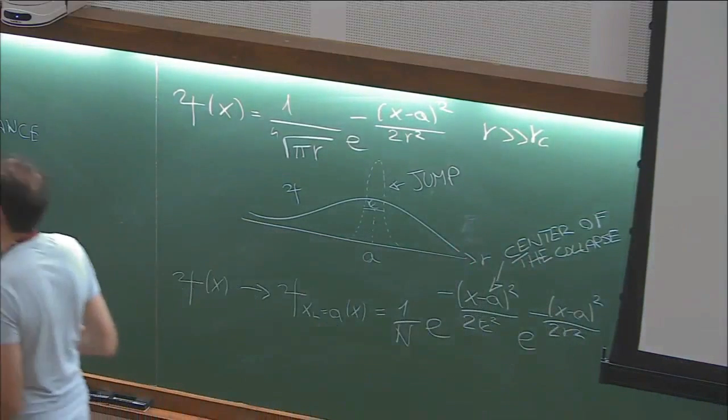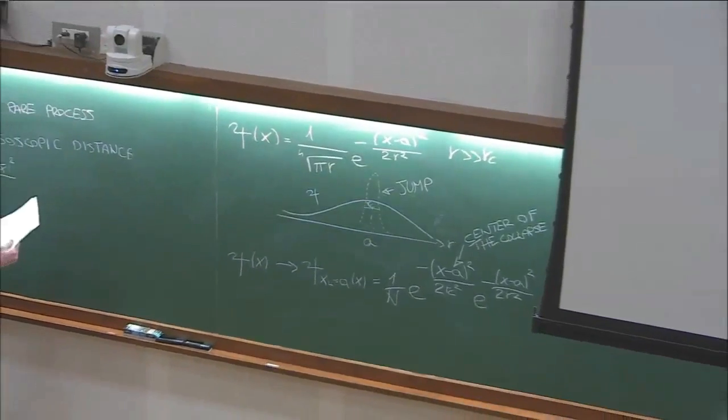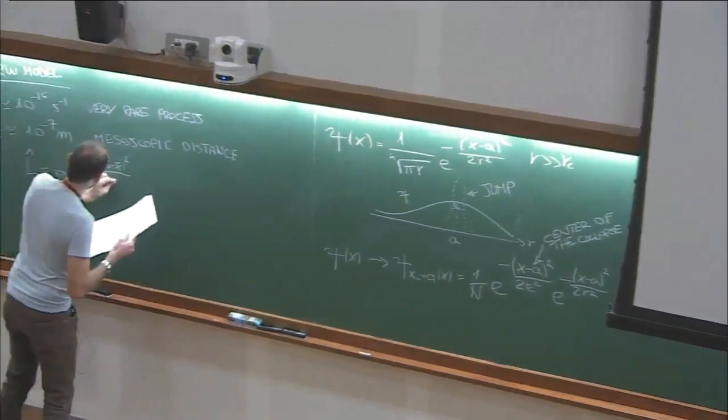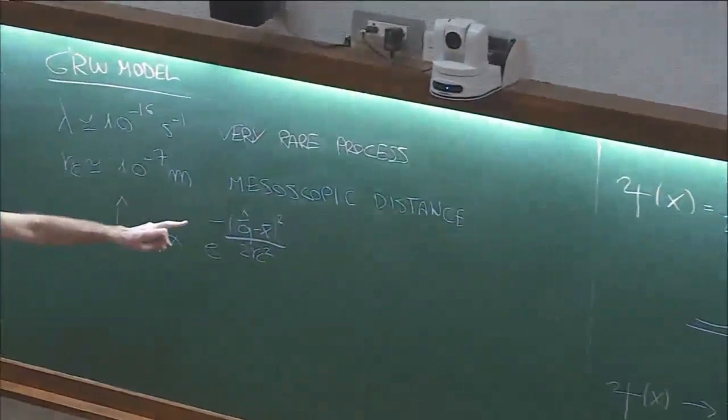I will write it again here, for one particle. What was the normalization? I don't remember the normalization constant. It was the one I wrote before. Now we are in one dimension.